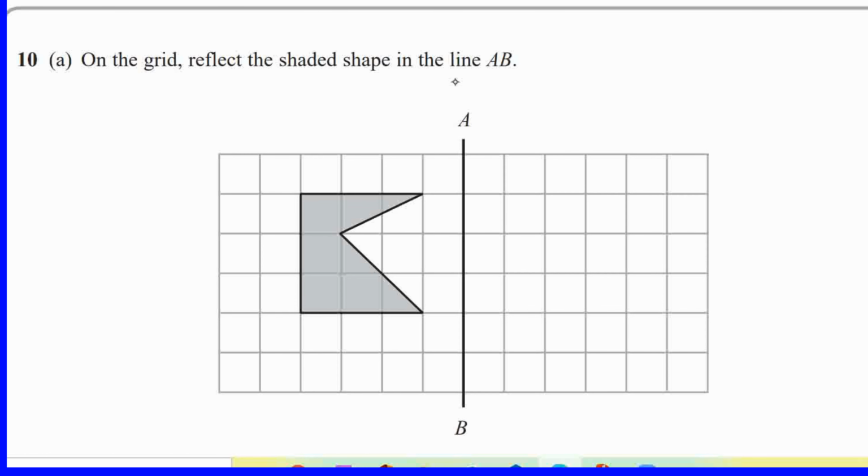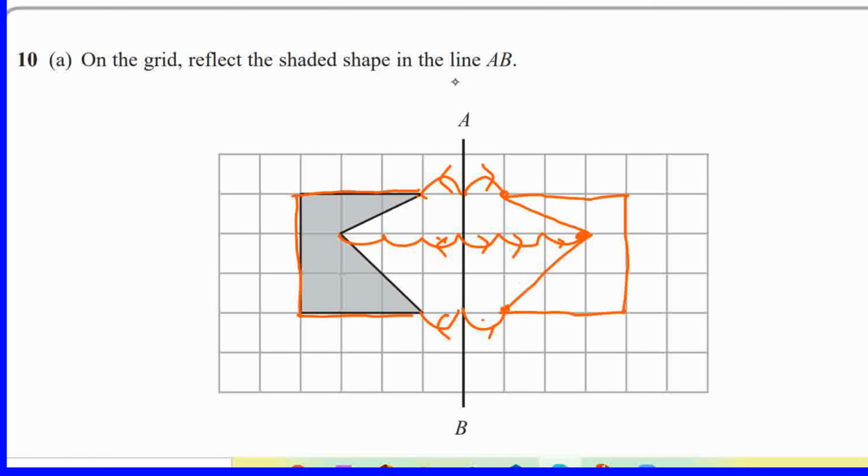So for reflection, we just have to make one here, like this. 1, 2, 3. 1, 2, 3 to the right, and this will be 1, 2, 3 to the left. Same here. Dot, and we connect here and here.